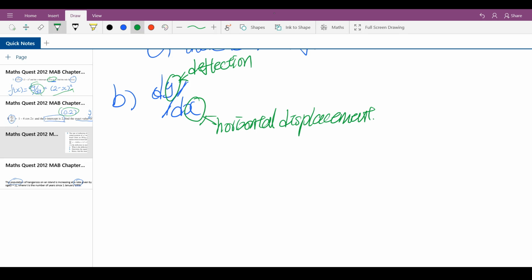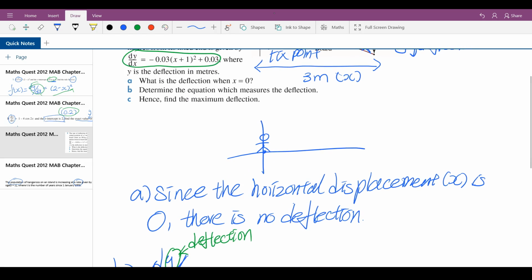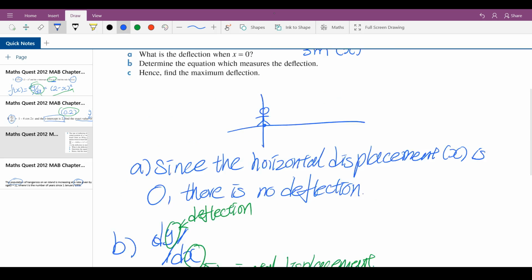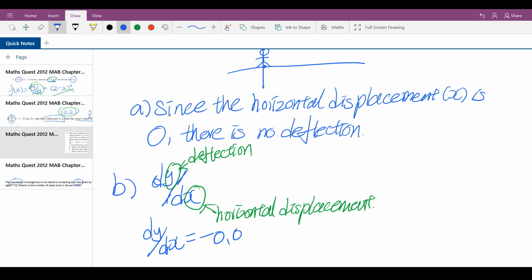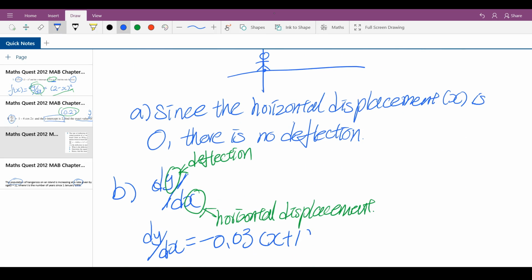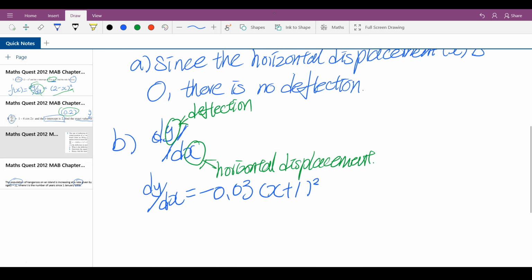After we figured it out, we can write down the function. So we have dy/dx equals negative 0.03(x + 1)² plus 0.03.